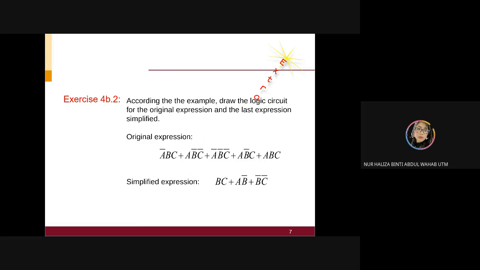This one is not very hard, isn't it? You just need to see, okay, you have A bar, and then you multiply with B and also C. After that, you will OR everything with your other AND gate, and you continue doing your circuit.